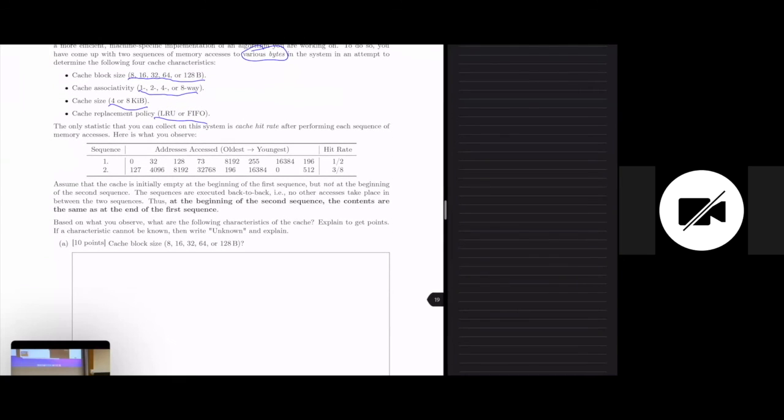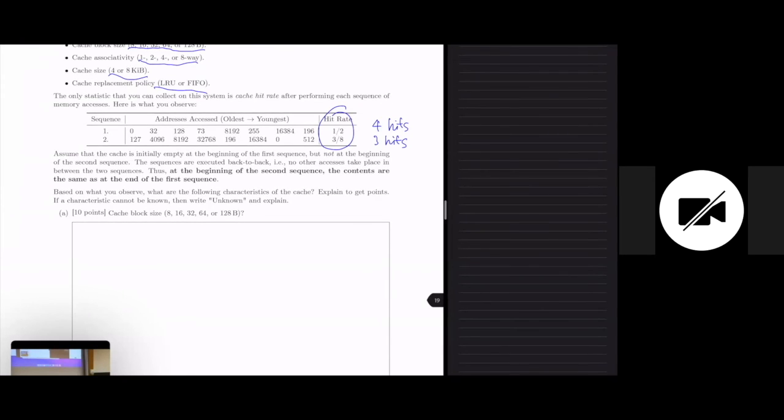The only statistics we can get are the hit rates for 2 access sequences, and both of them have 8 different addresses accessed. The first sequence has a hit rate of 1/2, so we have 4 hits. For the second sequence, 3/8, so we have 3 hits.